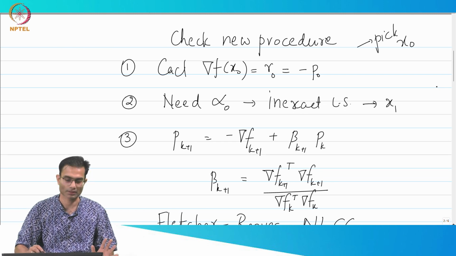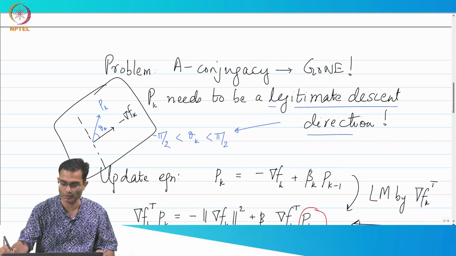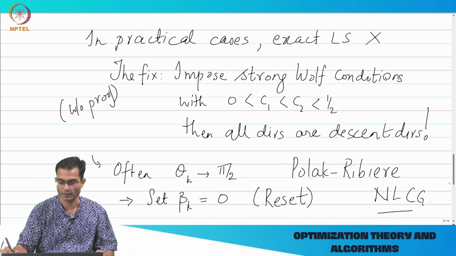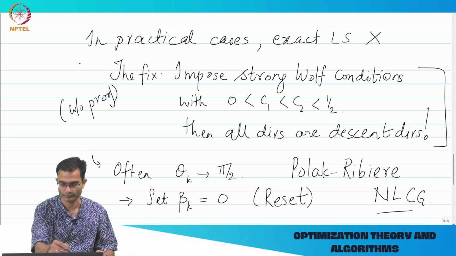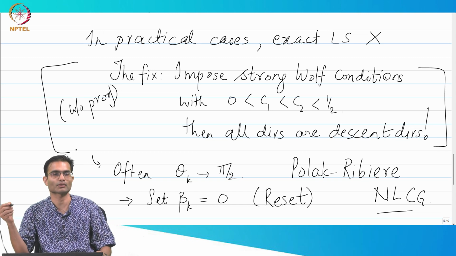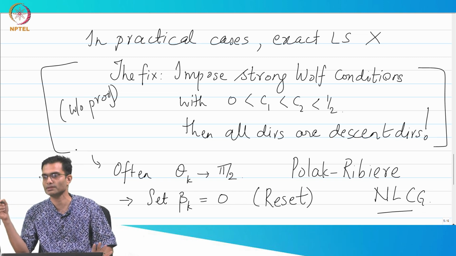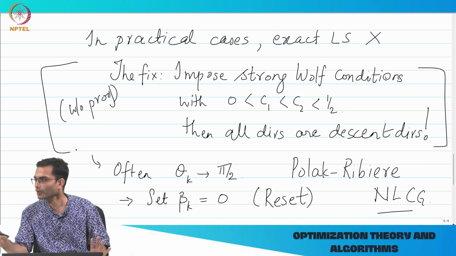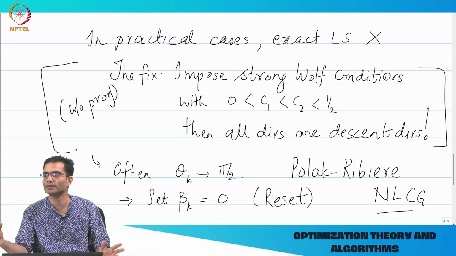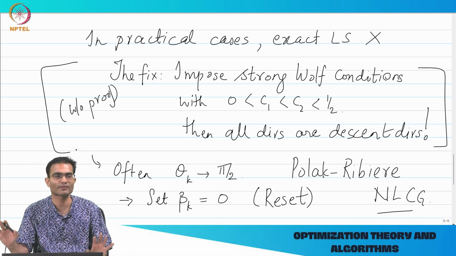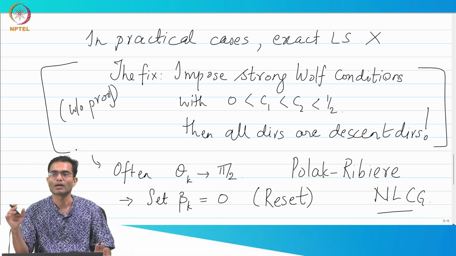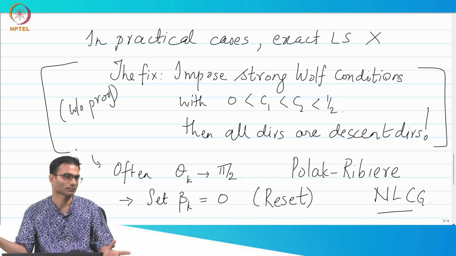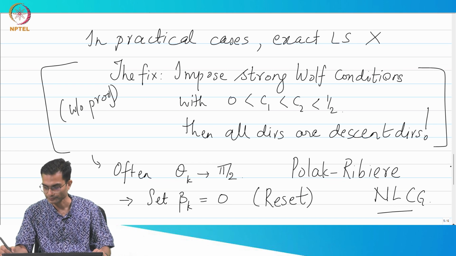The only theoretical thing of importance which we didn't derive was the fact that as long as I maintain this Wolfe condition with C2 less than half, everything goes through. So if you have a nonlinear method to optimize, here is a very, very simple recipe that you could use. What is the other simple recipe that we have? Gradient descent.